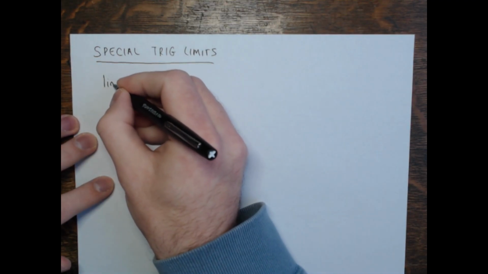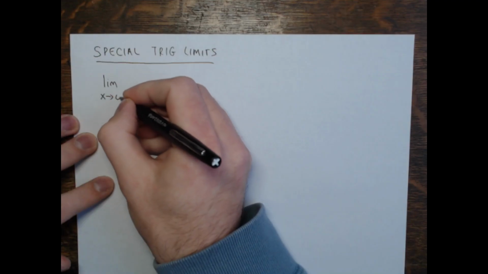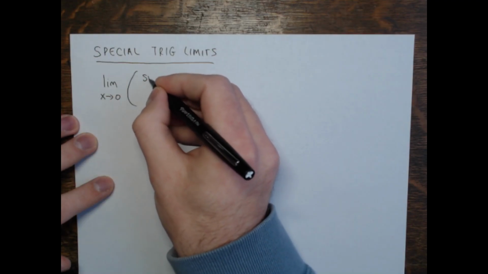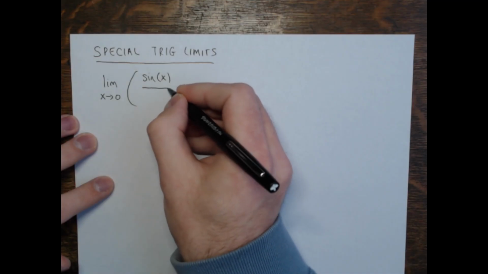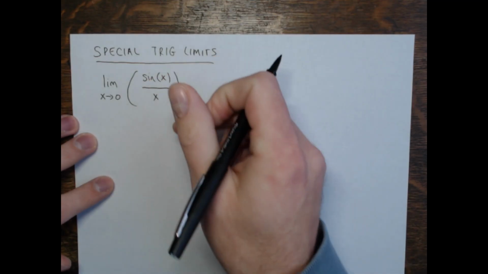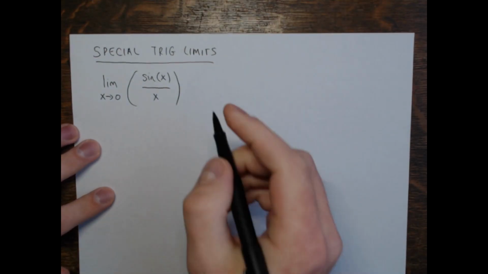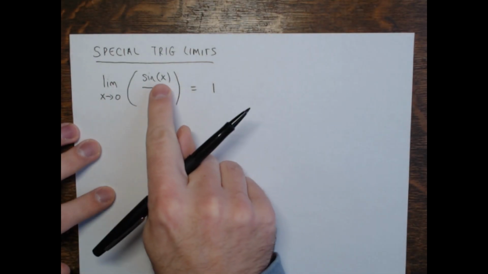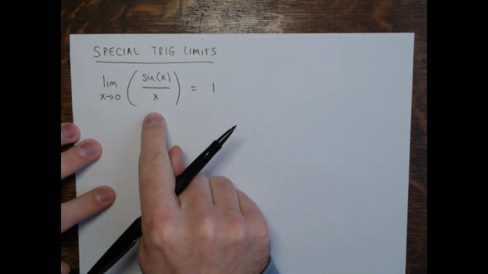One of them is the limit as, say, x approaches 0. Now this could be sine x over x, or you could flip it, x over sine x. This limit was 1.